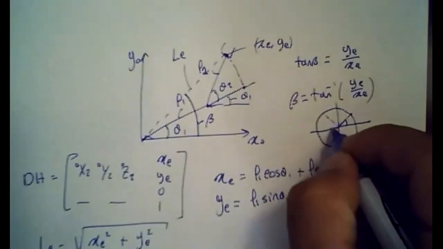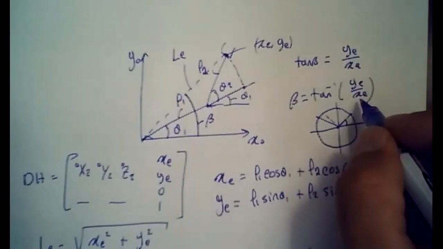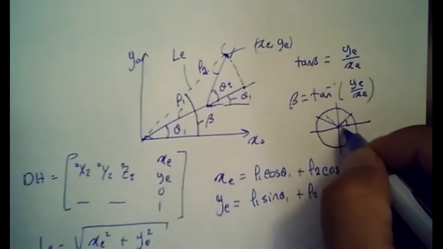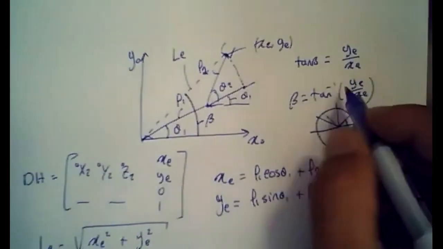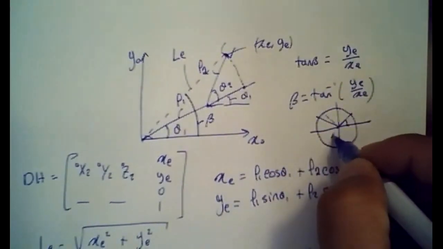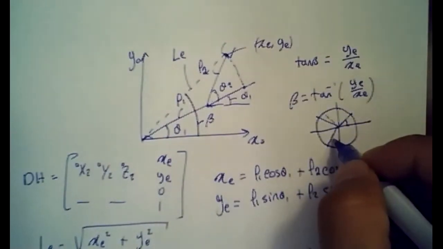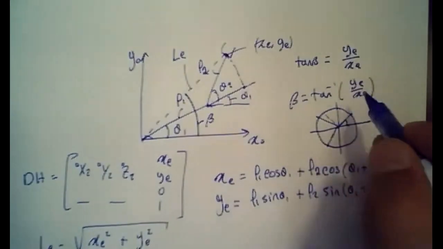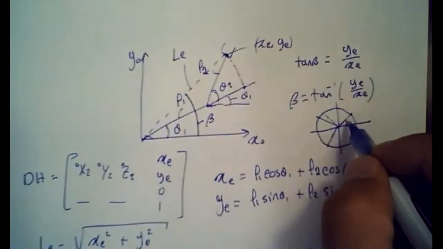You guys agree? If xe is positive and ye is negative, I'm going to be here. So this inverse tangent will actually find those. But if both of them are negative, this function doesn't know that you are in the third quadrant. Negative over negative is positive, so you are back to positive, and it actually returns beta in the first quadrant.